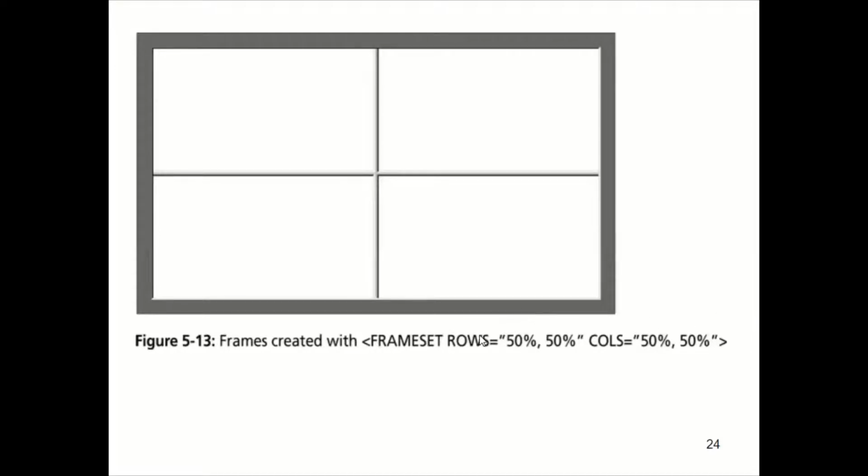First, the rows attribute will divide the browser window into rows of 50%, and then the cols attribute will divide the browser window into columns with 50% area of the browser. So in this way, with the frameset tag, the rows and cols attributes will equally divide the browser window into 4 sections, 2 by row, 2 by column.